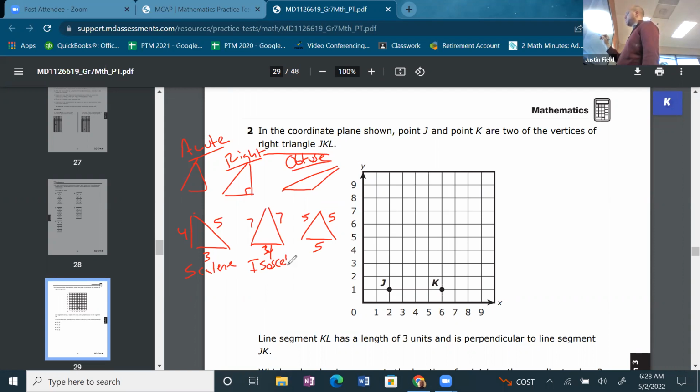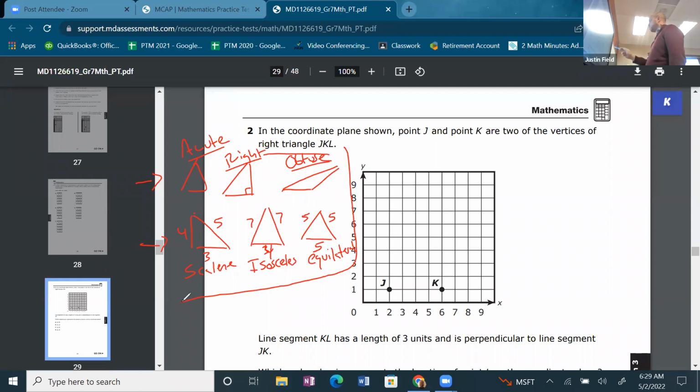The one with 2 congruent sides is called isosceles. And the one where all the sides are the same is called equilateral. So make sure you know all your triangle classifications. We're not going to use too much of that in this problem.